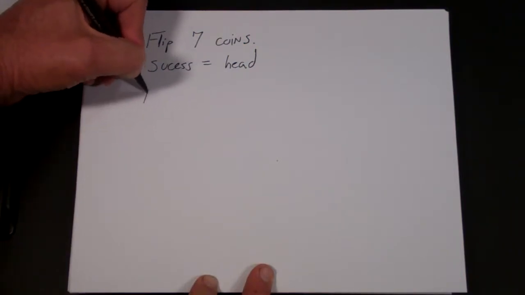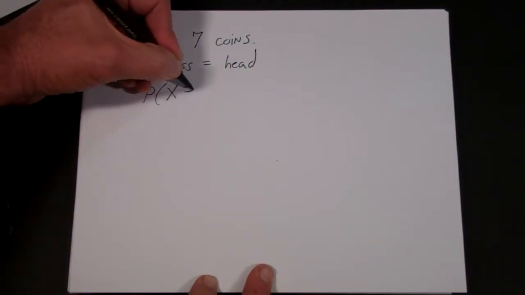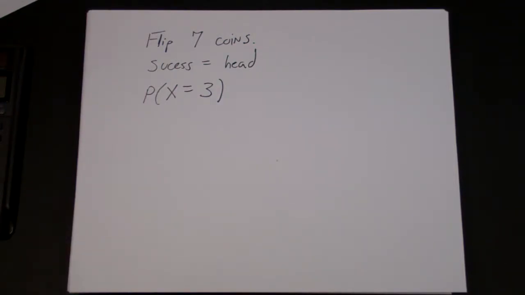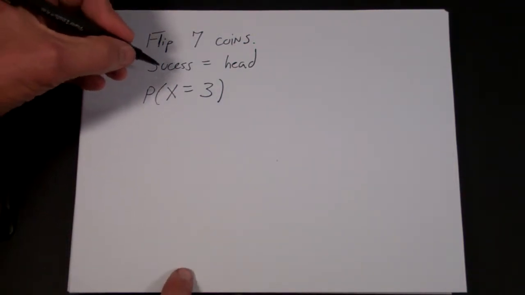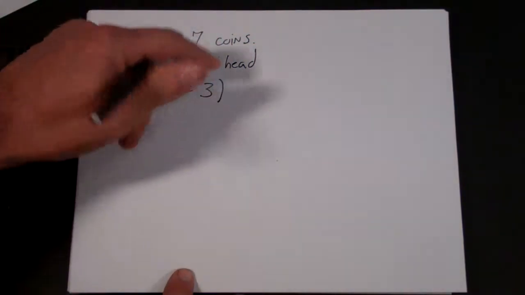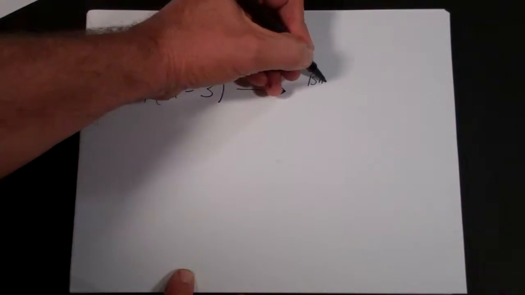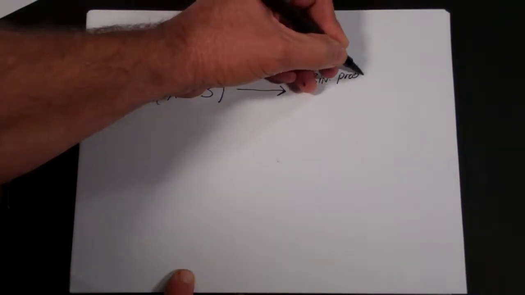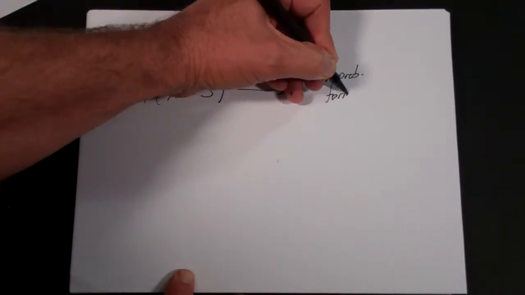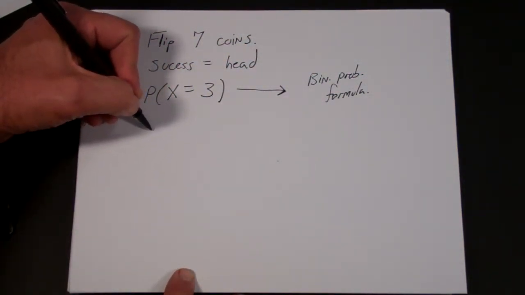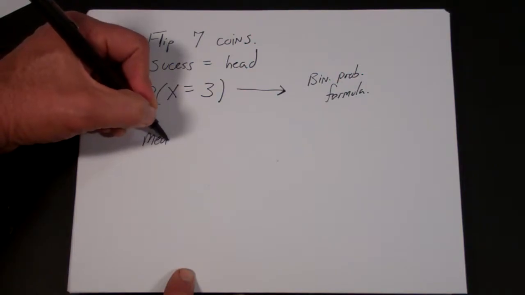And let's find the probability that the number of successes is equal to exactly 3. To find this, we would of course need to use the binomial probability formula. It's not hard, but it does take some work. But if we want to just find the mean of x, it's much easier.